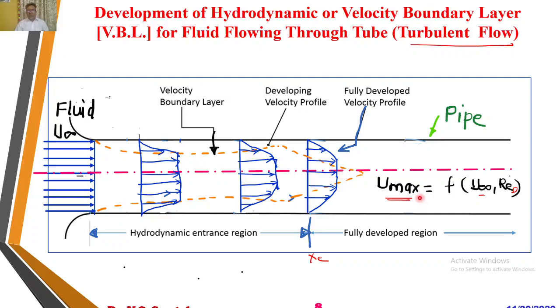Also, the maximum velocity will be a function of free stream velocity and Reynolds number. So we will also get the blunt shape of velocity boundary layer and blunt shape of velocity profiles in case of velocity boundary layer development in turbulent flow.